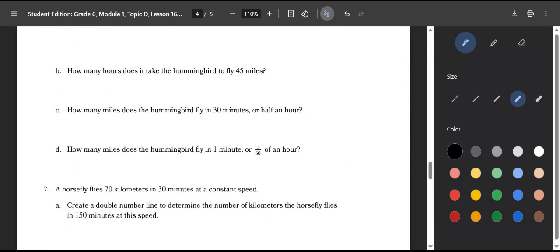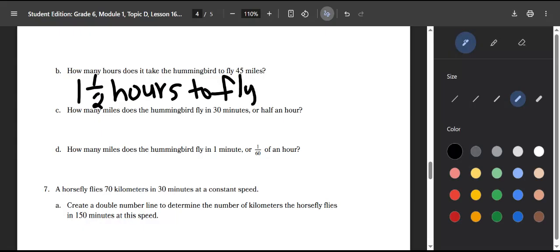So down here for part B, the answer is 1.5 hours to fly 45 miles. Speed is distance over time. It's 45 miles. 1.5 hours to fly 45 miles.